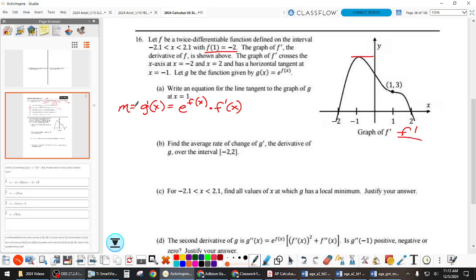And then for our equation, what else do we need that we don't have directly?